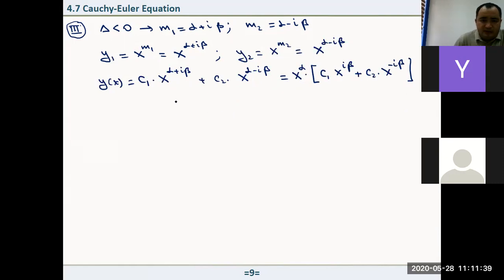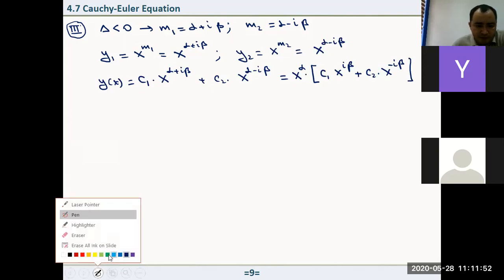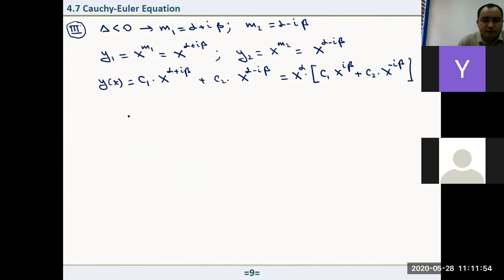Now, by making some trick, I can change this into another form so that it does not involve any of this imaginary number. And once again, you should remember Euler's equation, right? If you remember, we have e to the power ix is equal to, what is it? Cosine of x plus i sine of x.